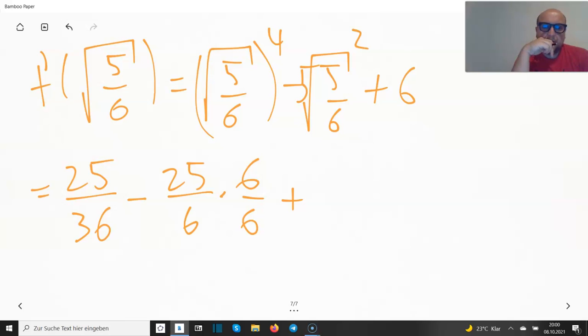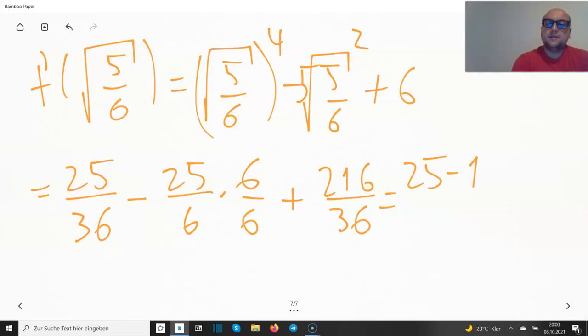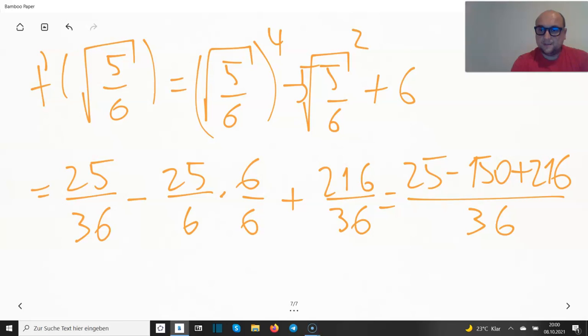Should I bring it to the same denominator? Yes, I should. 6 times 36 is 216. So what do we have? We have 25 minus 150 plus 216, divided by 36. Alright. That gives us 66 plus 25 more, 91, right?